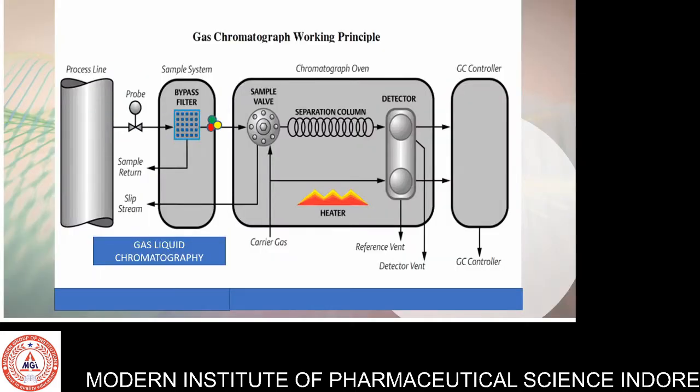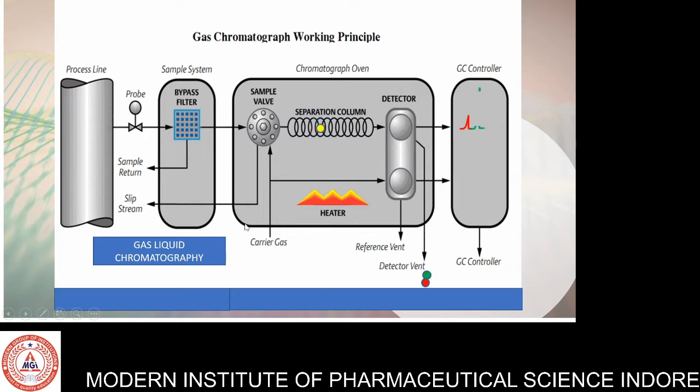So, how does the gas chromatographic system work? These are all the components attached to the chromatograph system: process line, sample return, sample stream, sample system, chromatographic ovens, sample valve, separating column, detectors.